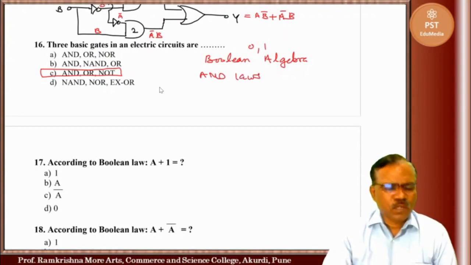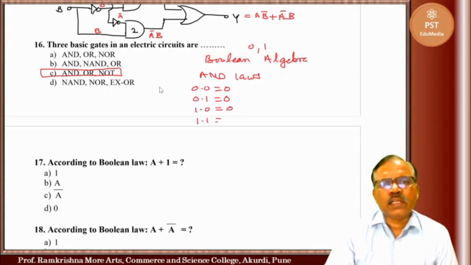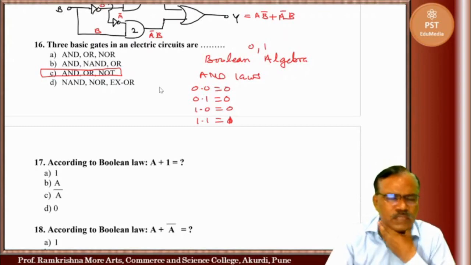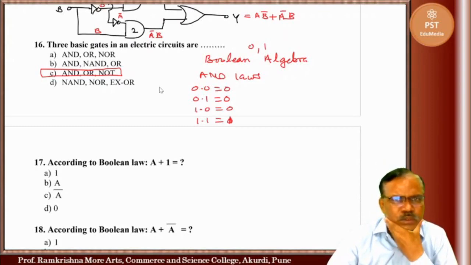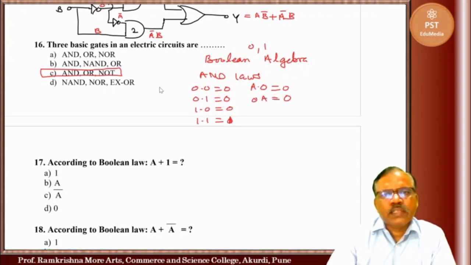AND laws. What are AND laws? If we take 0 into 0, that is 0, 0 into 1, that is 0, 1 into 0, that is 0, and 1 into 1 is 1. So this is the AND gate. Suppose one input is A and another is 0, we get 0.